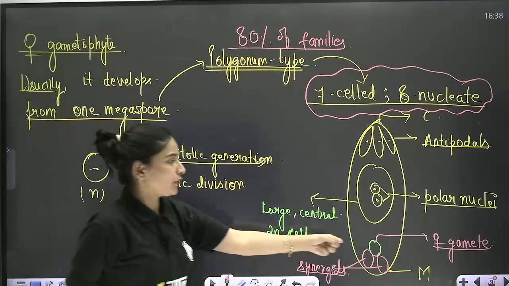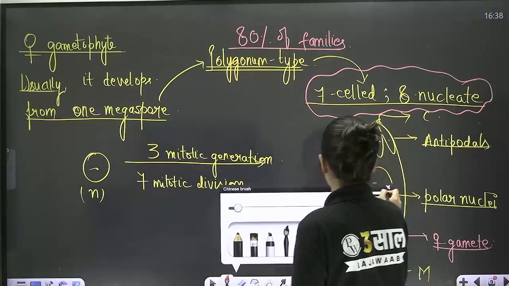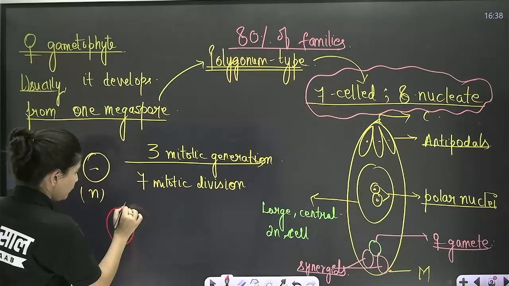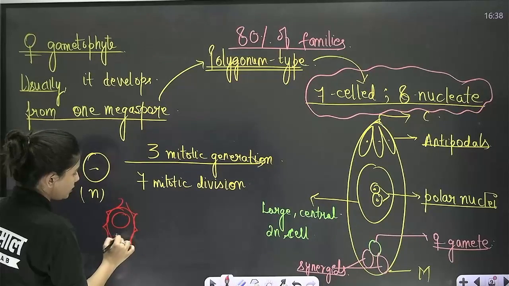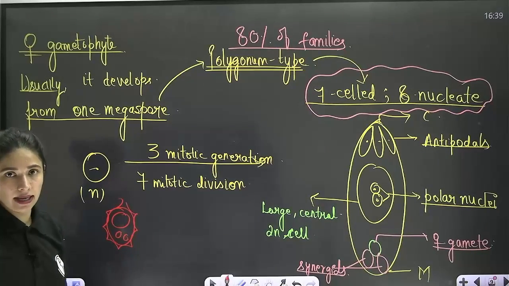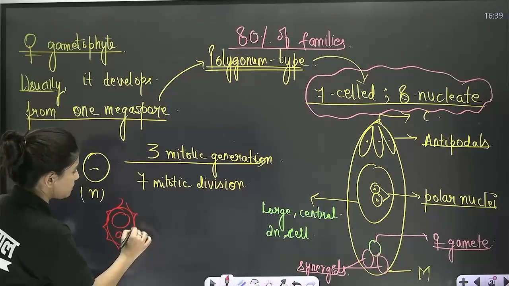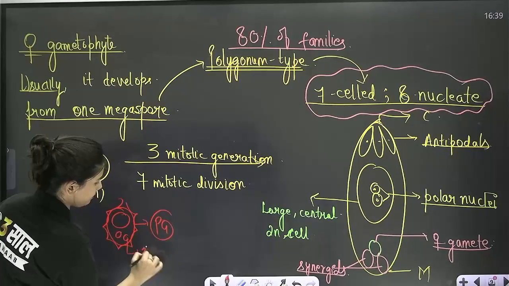Now see, your female gamete is over here and the pollen grain has already come out. You remember this was my pollen grain carrying the vegetative cell and 2 male gametes, if it is among the 40% of angiospermic families. Now this is my pollen grain carrying the male gamete.